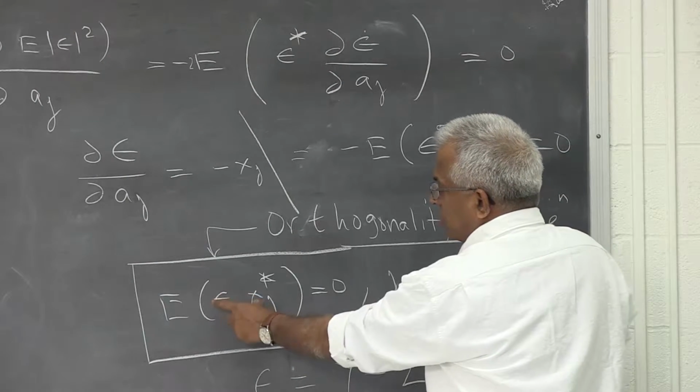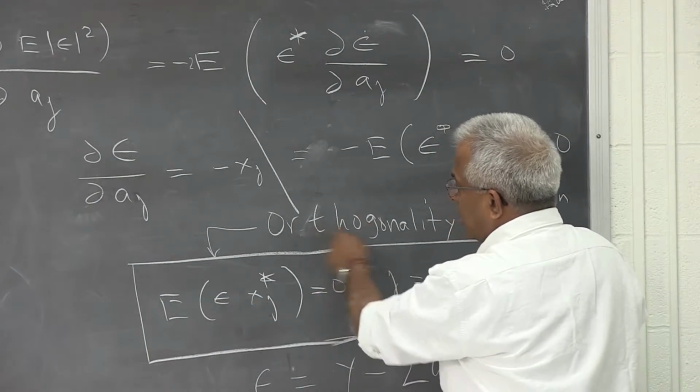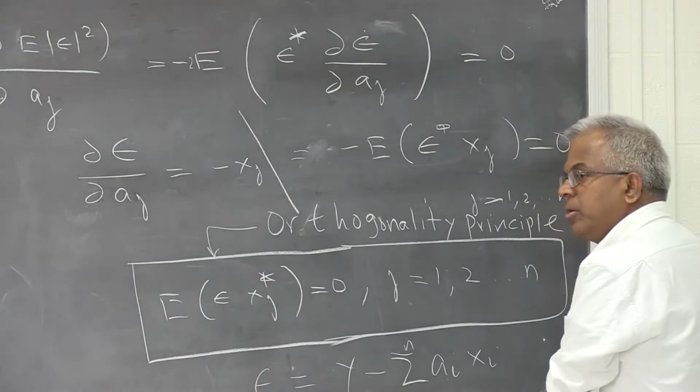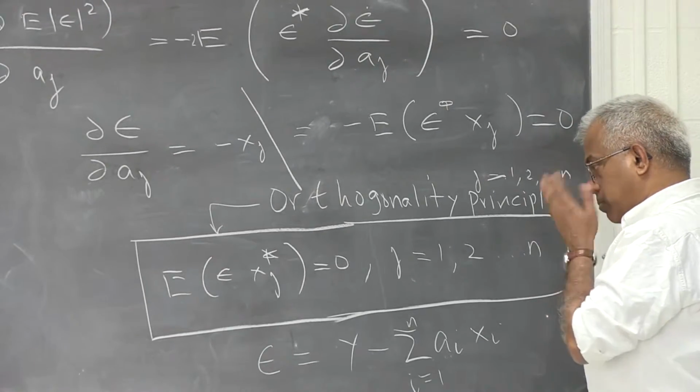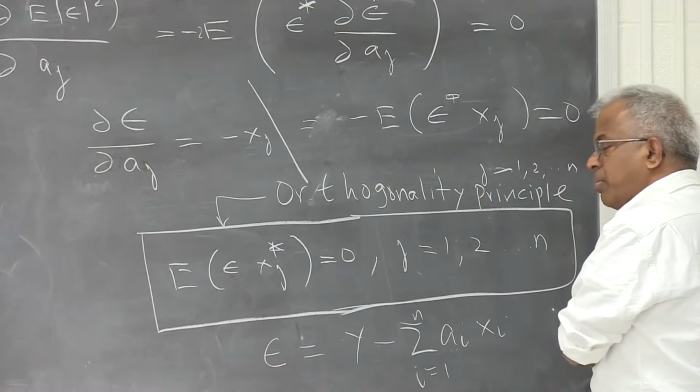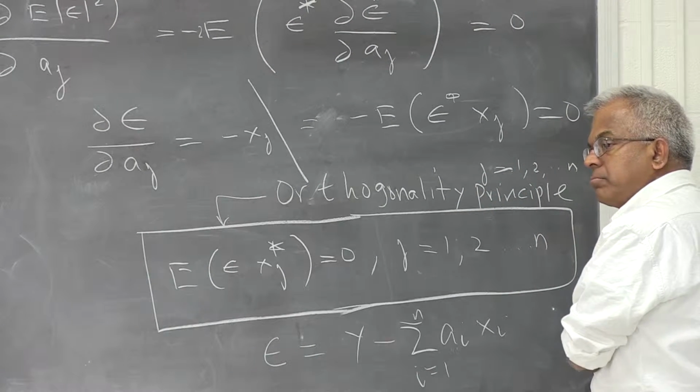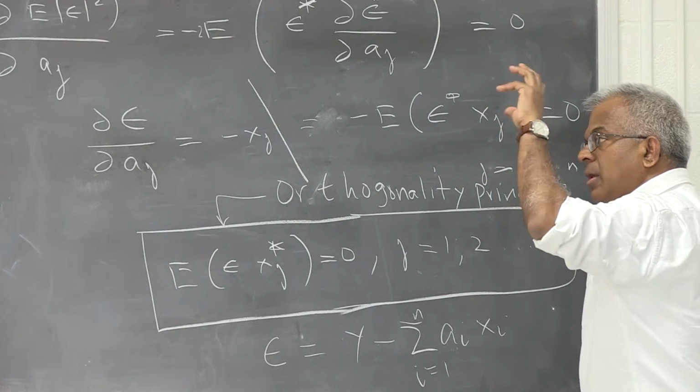If you look here, these are two random variables. If they have this property, we call the random variables orthogonal. So this is known as the principle of orthogonality. What's the bottom line?